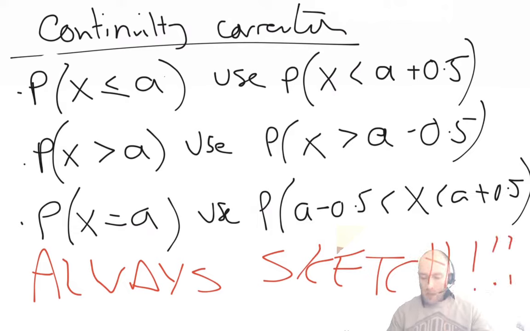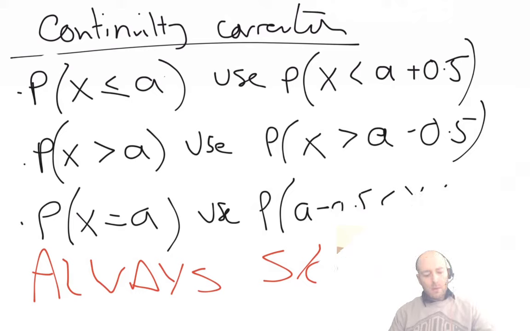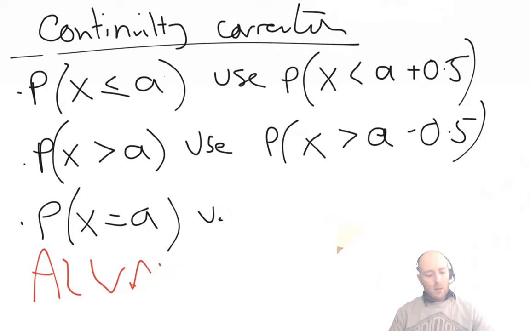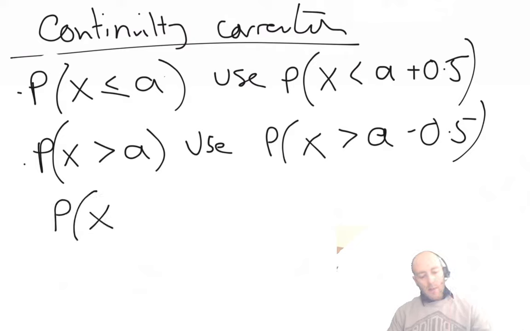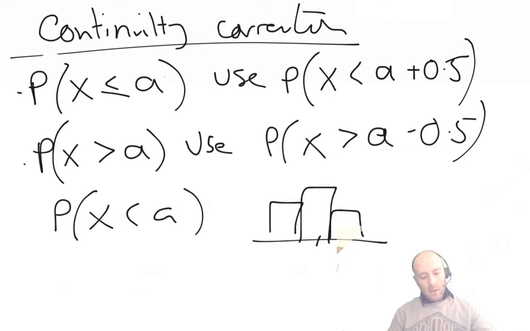Cool. All right. Why only equal to on the top inequality? I just felt like putting equal to there. If I wanted to do the other kind of possibilities, we could have to think about those as well. If we want to do probability x is less than a, there's a, we want less than a, we'd go probability x is less than a, take 0.5.